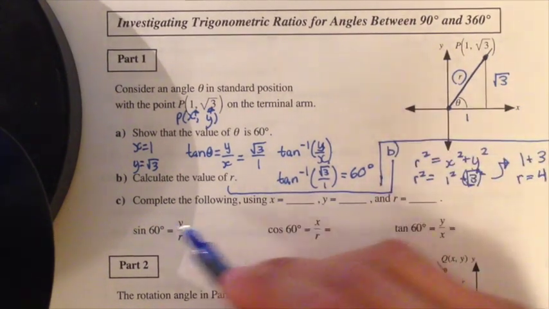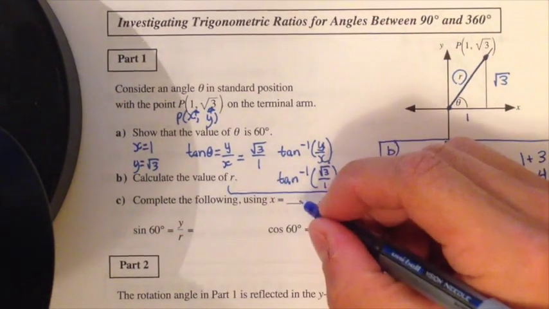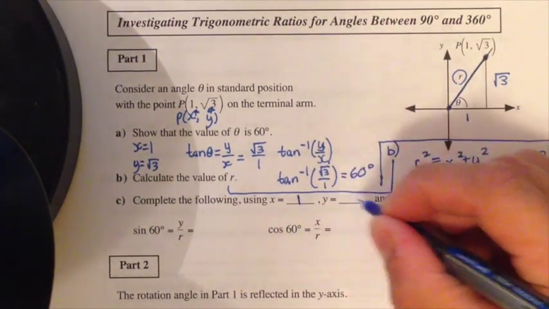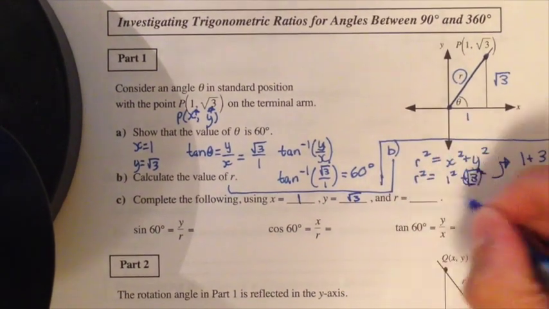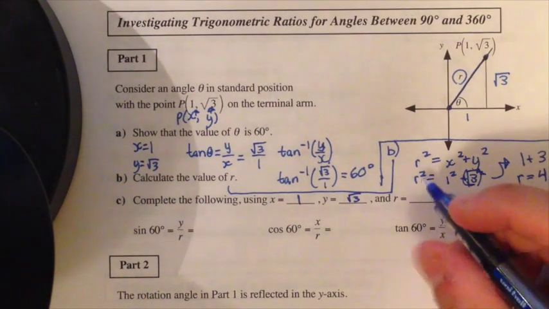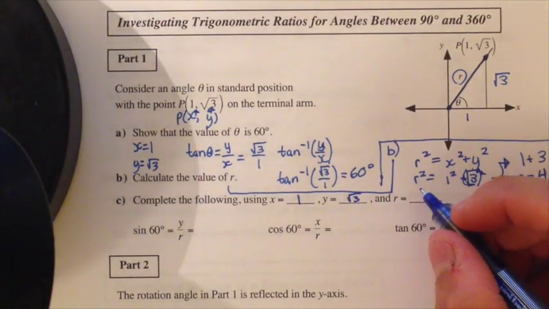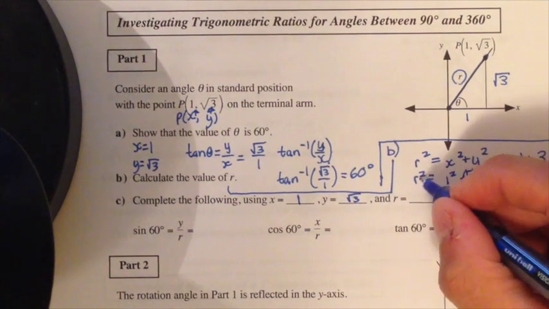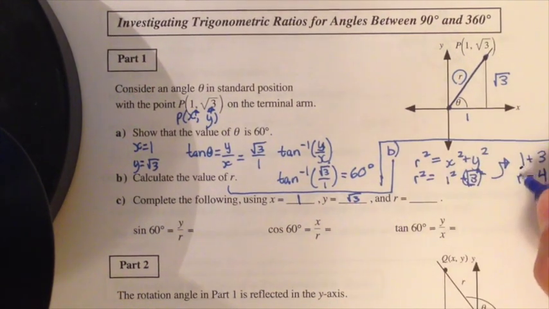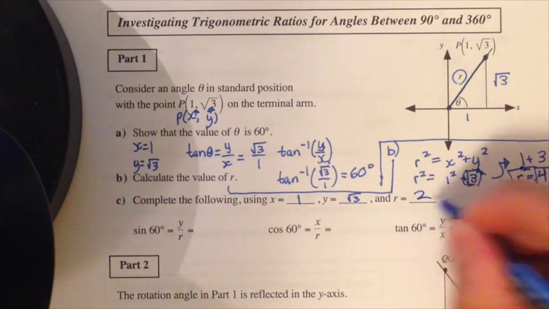Oh, and sorry, I made a mistake. That was r squared, and so r squared is equal to 4. Therefore, r is equal to the square root of 4. r is equal to 2.